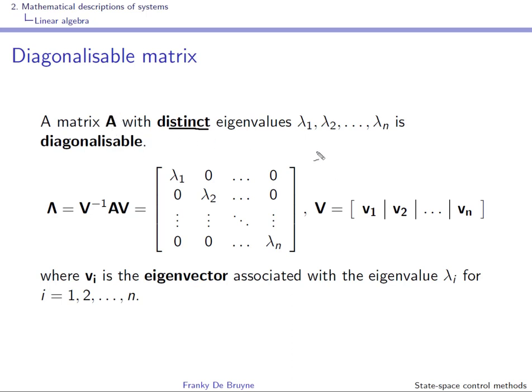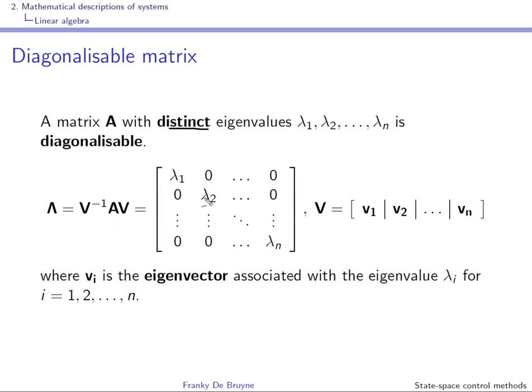So what you have to do is put the eigenvectors that correspond to these eigenvalues in a matrix V. You stack them right next to each other, and you obtain a matrix V. And then if you compute V inverse A V, you'll have a diagonal matrix with the distinct eigenvalues on the diagonal.